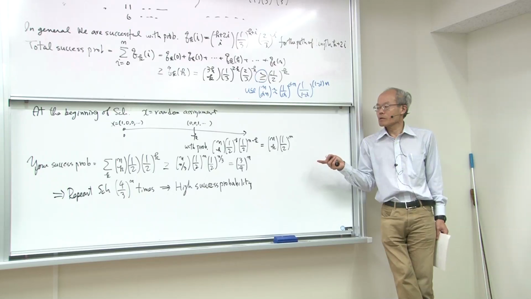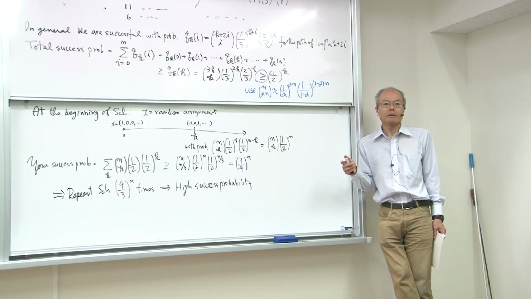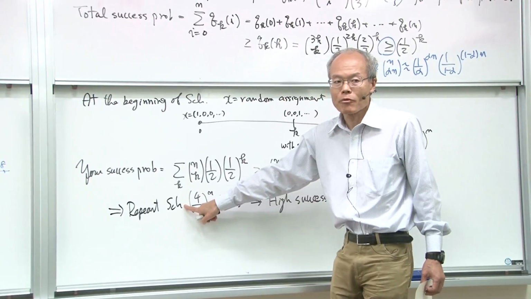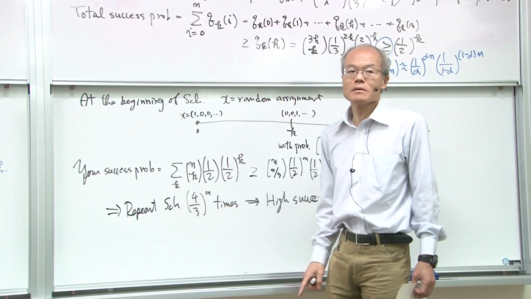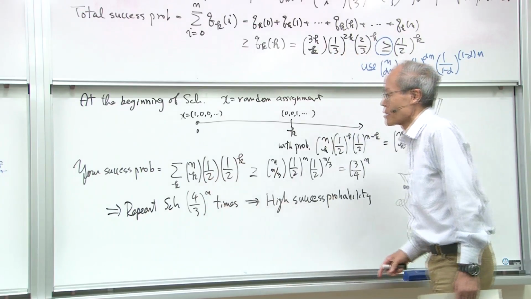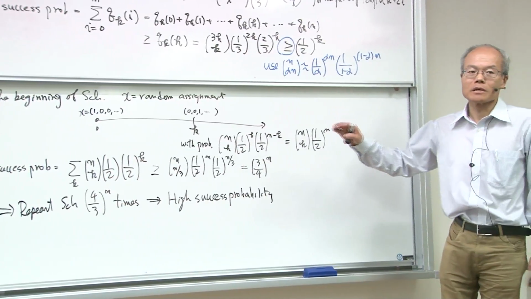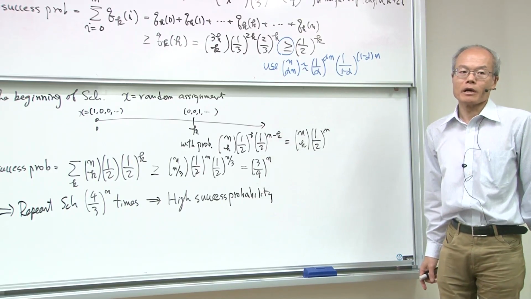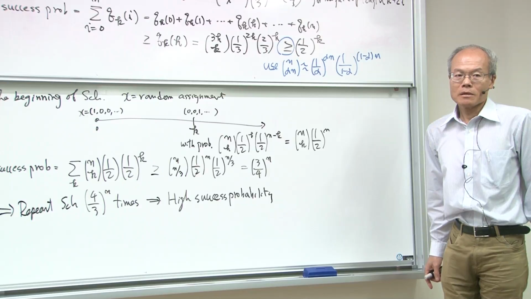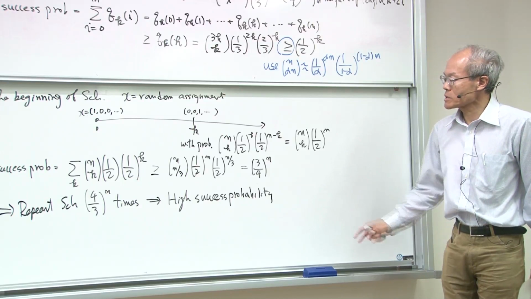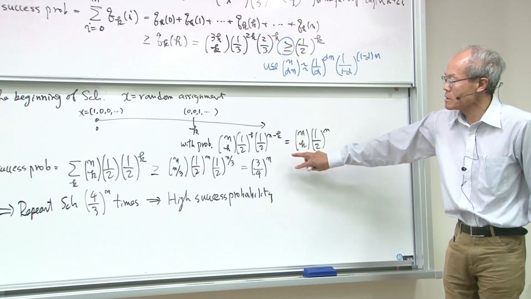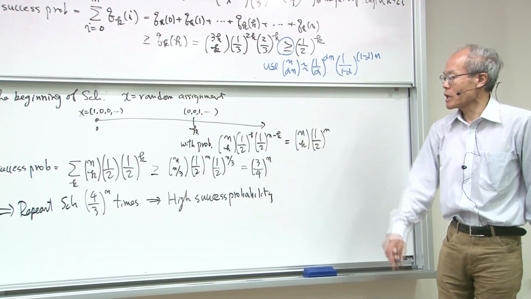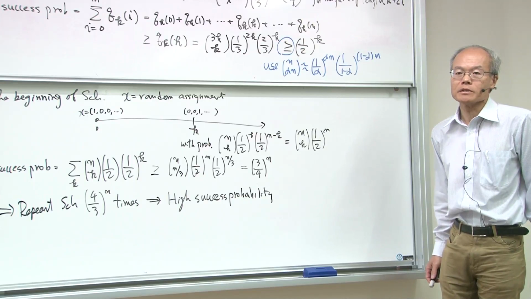Then you can enjoy high success probability. Maybe something like some polynomial in n times 4/3 to the n. But once again, we can ignore those kinds of polynomial coefficients. So the basic idea is that you repeat SCH the inverse of this success probability number of times, then you can enjoy pretty high success probability.